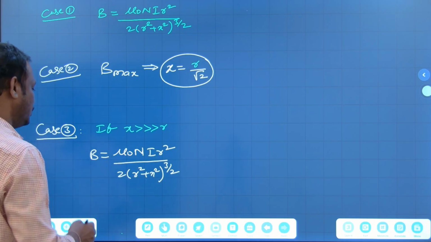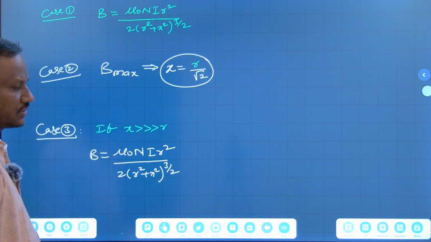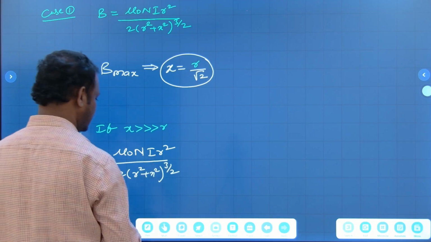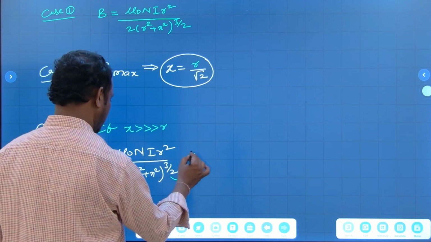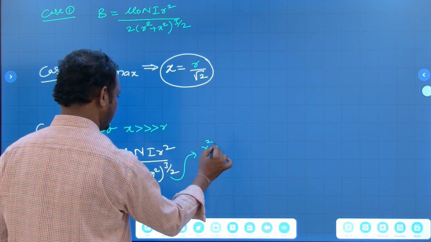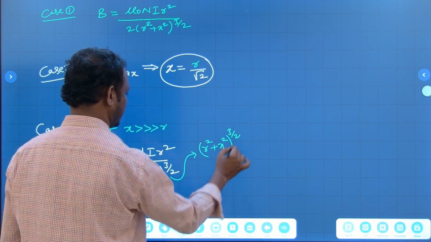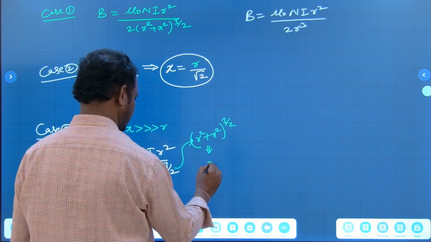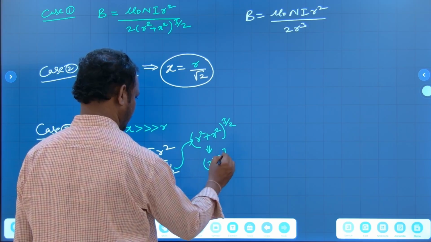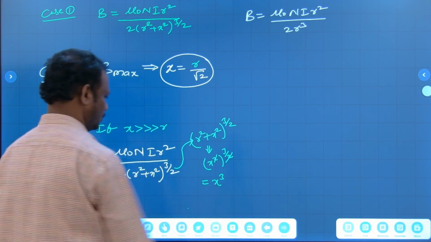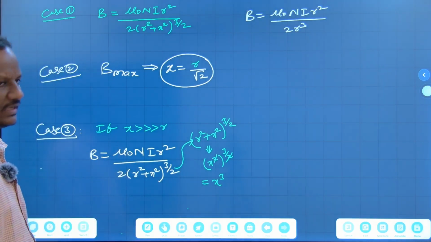In this case, R square plus X square to the power of 3 by 2 will become X square to the power of 3 by 2, which is X cube.